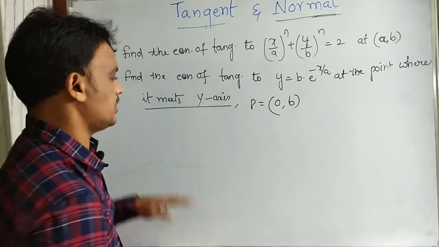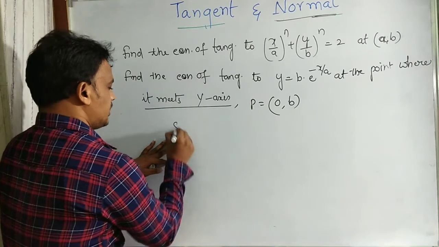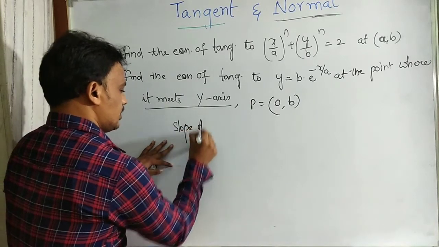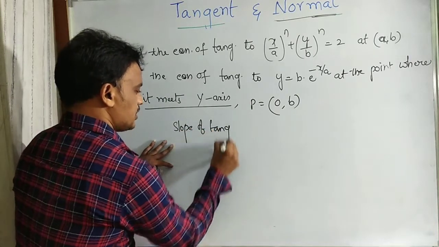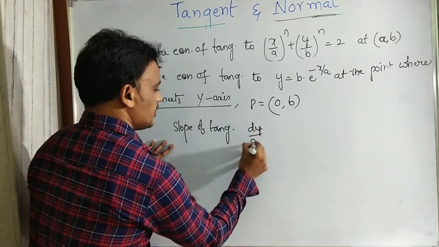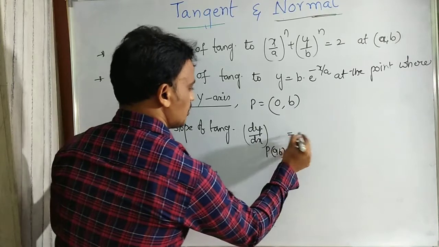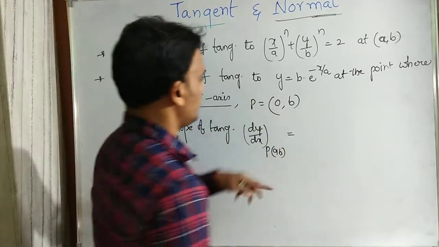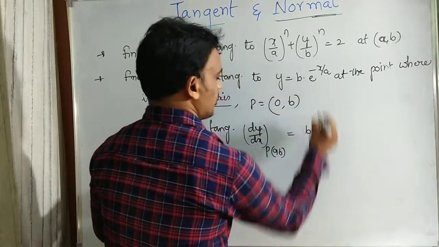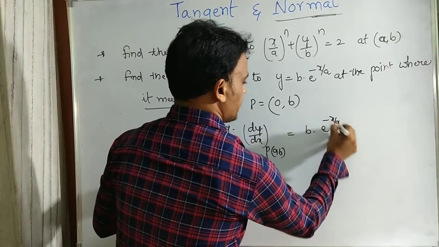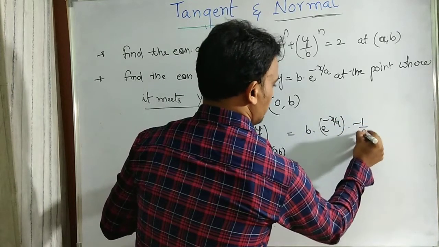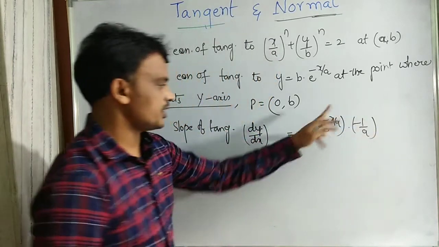As usual, the slope of the tangent is nothing but the derivative of the given curve at the point P, 0 comma b. So take the derivative: dy by dx, b is a constant, the derivative of e power minus x by a is e power minus x by a into minus 1 by a.